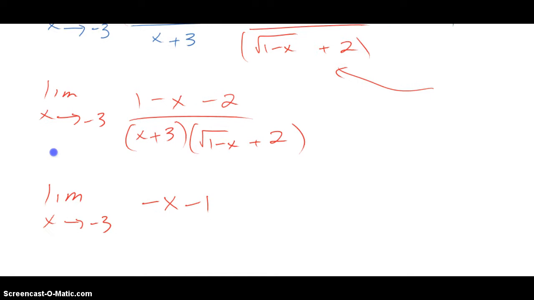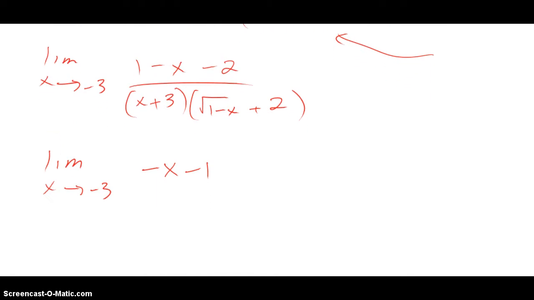So that means I've got a little bit of a correction to do here. That means that this isn't minus 2, this is minus 4. And when we simplify that, we actually get negative x minus not 1, we get negative x minus 3 over x plus 3, and the square root of that.